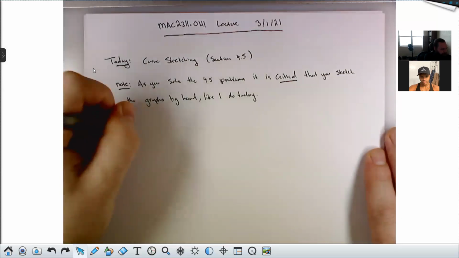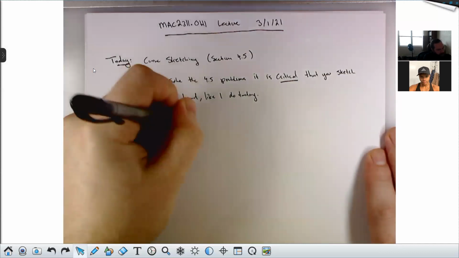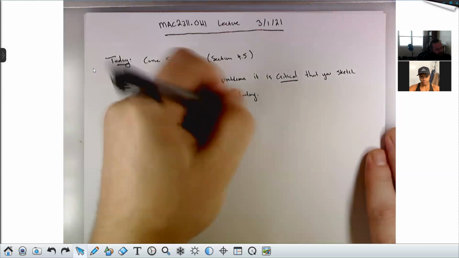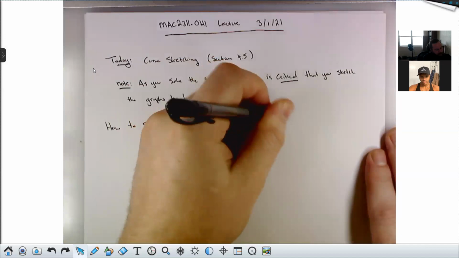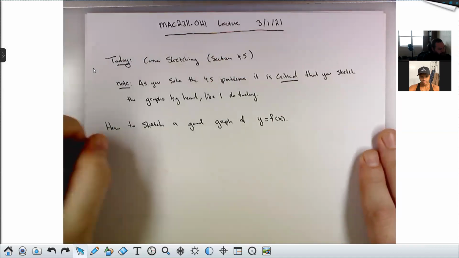So how to sketch a good graph of the curve y equals f of x. And this is section 4.5. First, find the domain.